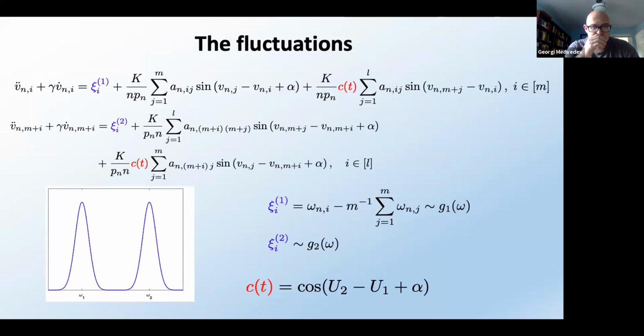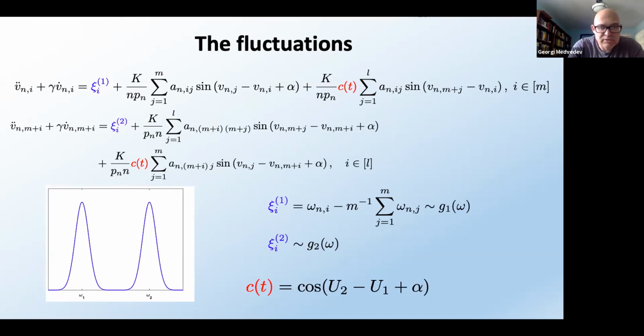For fluctuations, again, it's not hard to derive the following system of equations. After certain manipulations, let's discuss the one for the first cluster. On the left-hand side, it looks exactly like the equation for a single oscillator, right?